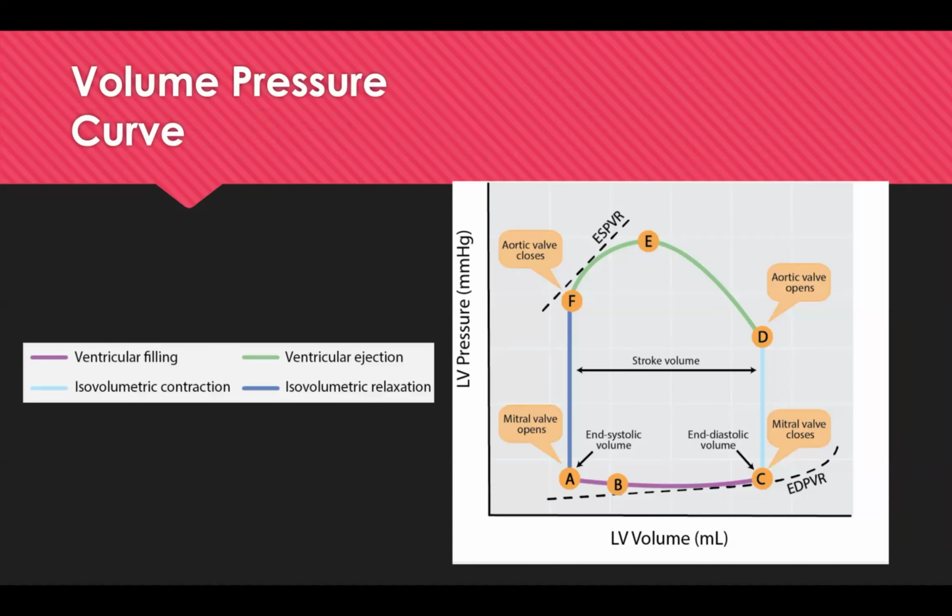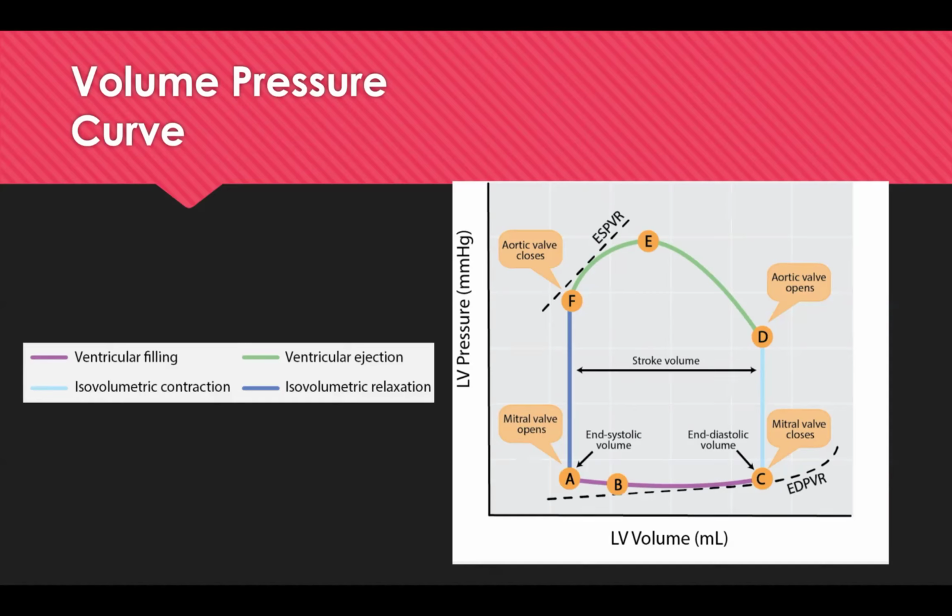This can also be represented on the volume pressure curve, which is something you should be aware of. If you start at point A on the diagram there and follow the purple line across, you can see that's showing ventricular filling as the volume increases and the pressure stays broadly the same.